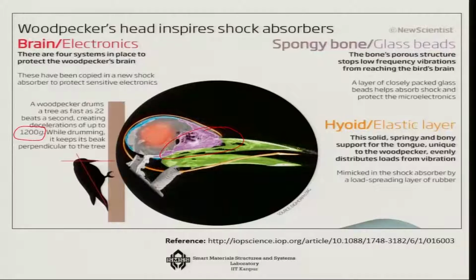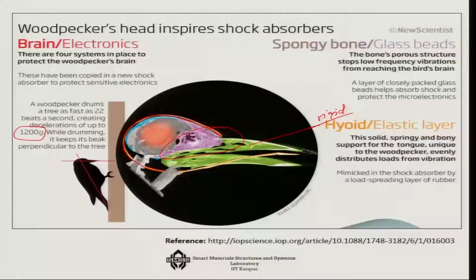The beak itself of course is very rigid, and the tongue is connected to a hyoid elastic layer all around in such a manner that the load gets very uniformly distributed all over the skull.